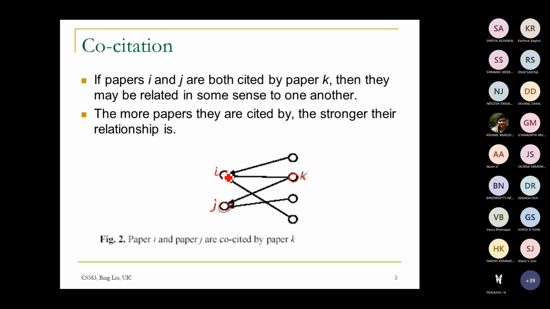I and J are cited by K. If there is another paper L that is also citing these particular papers, the relationship grows.